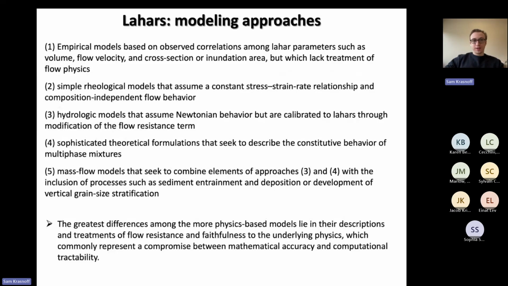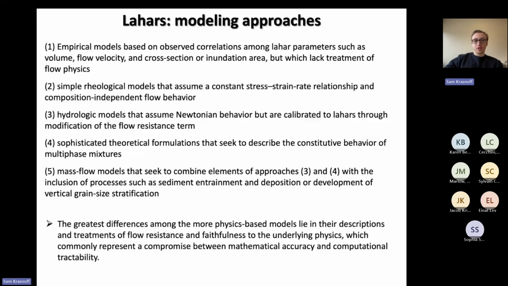So again, there are different types of simulations or models we can do. There's the empirical models based on the observed correlations, but they don't really have the flow physics. There are simplified rheological models which use some kind of consistent stress strain rate, and then don't worry about the composition as much.